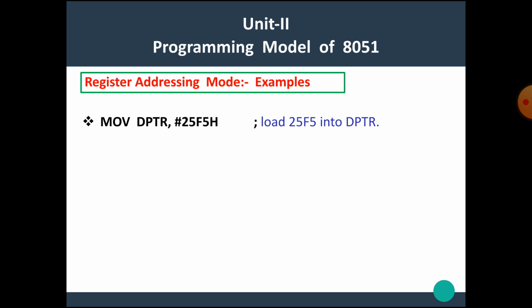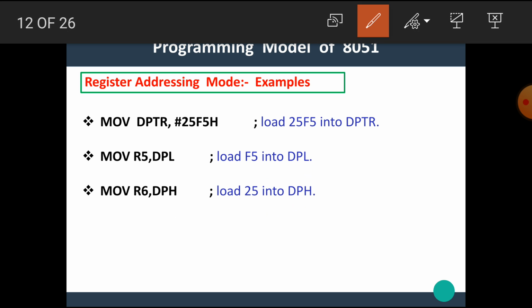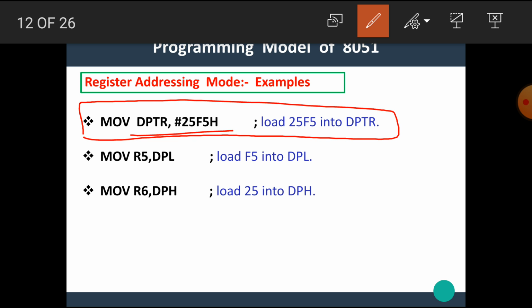Now there is one more example. MOV DPTR, #25F5H. We have to understand this is an instruction of immediate addressing mode because the hash sign is used here.